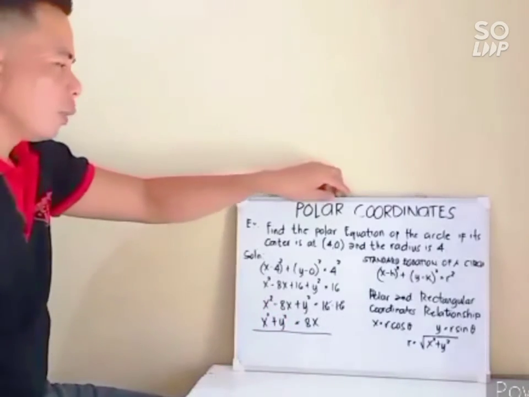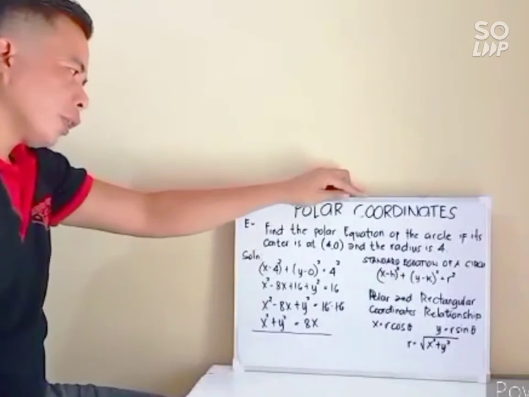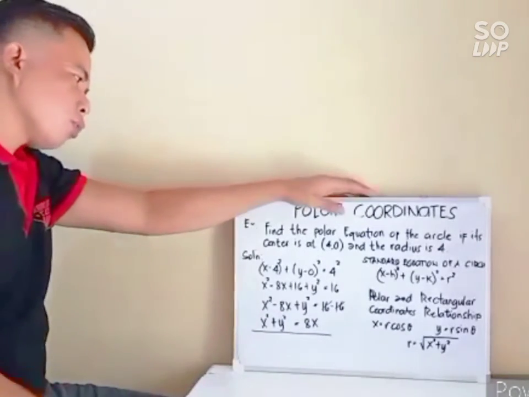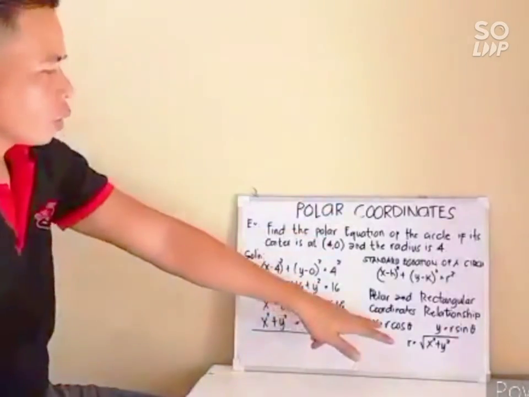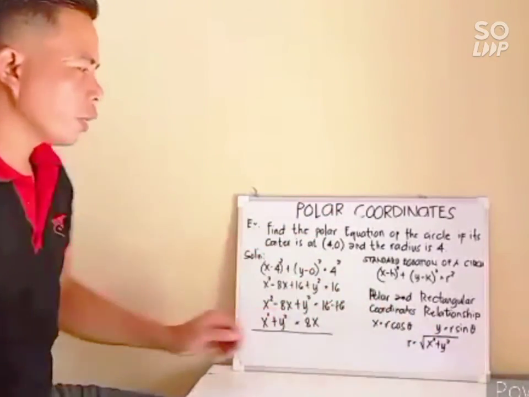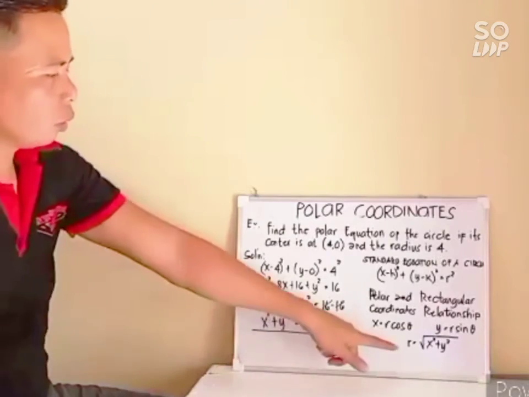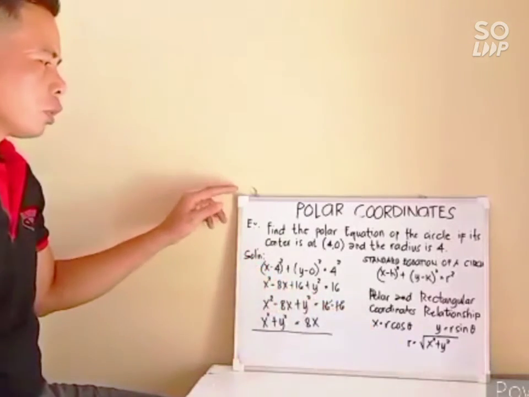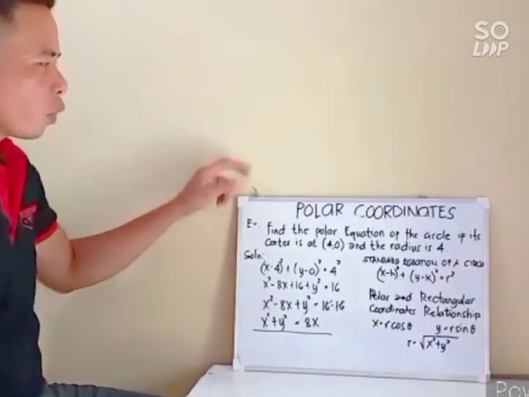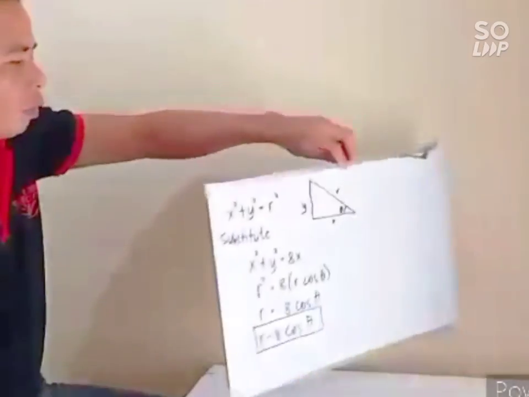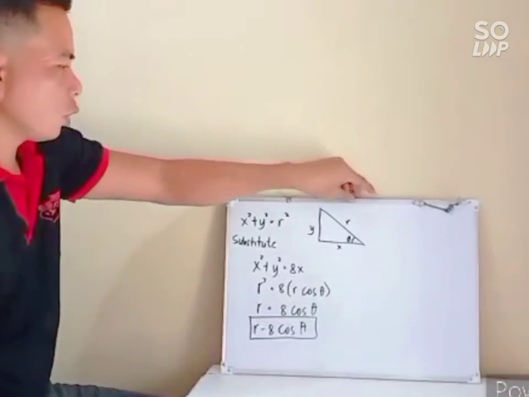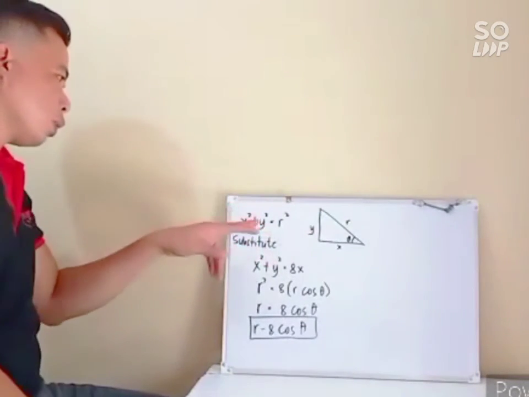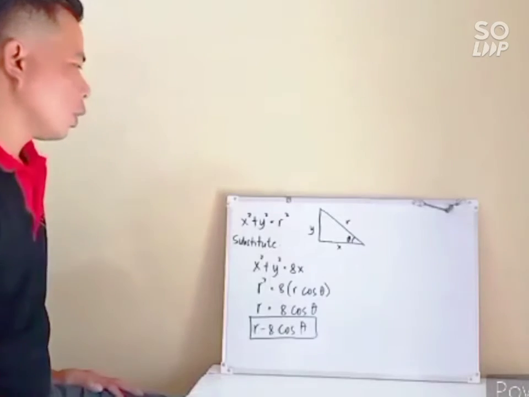So, using our polar and rectangular coordinate relationships, we have x equals r cosine theta, and y is r sine theta. Our radius is the square root of x squared plus y squared, so we come with x squared plus y squared equals r squared. Just substitute.